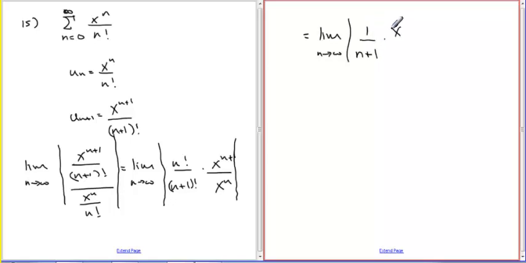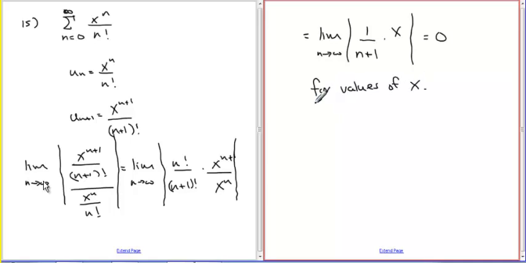Second ratio becomes x, since x to the n plus 1 divided by x to the n is x to the first power. And notice that when n goes to infinity, it doesn't matter what x value is. This will still go to 0. So this equals 0 for all values of x that are finite.